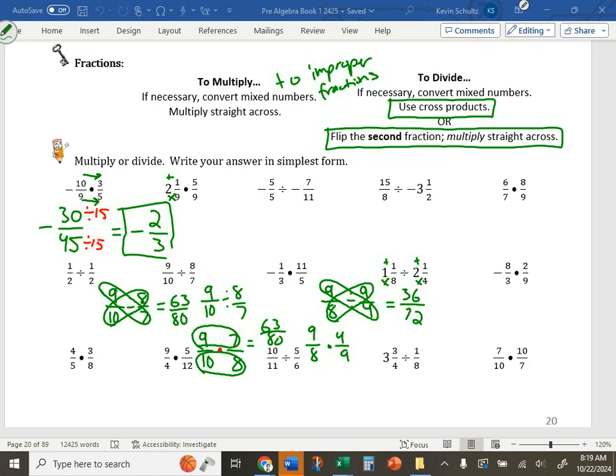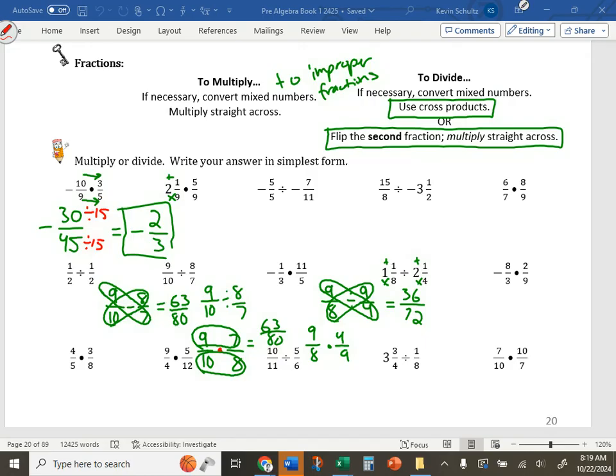Probably the biggest mistake that folks make here is they combine the two methods and they flip, but then they use cross products, right? Can't use them both. Okay, got to pick a side. Once you get 36 over 72, this is not in simplest form. What's the largest number that can go into both 36 and 72?